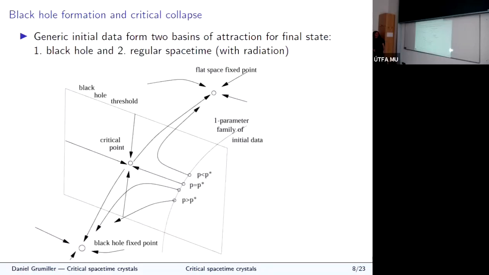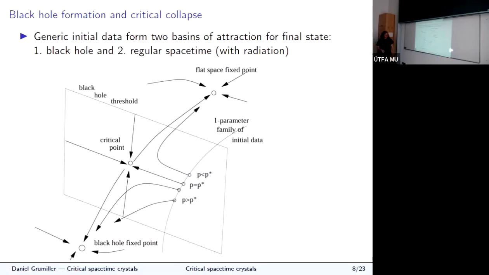All right, so let me now define for you the spacetime crystals. This is the picture shown on the motivational slide. If you start from generic initial data, say in the system Einstein gravity plus some matter fields, the simplest being massless scalar fields, then this is supposed to represent a one-parameter family of initial data.